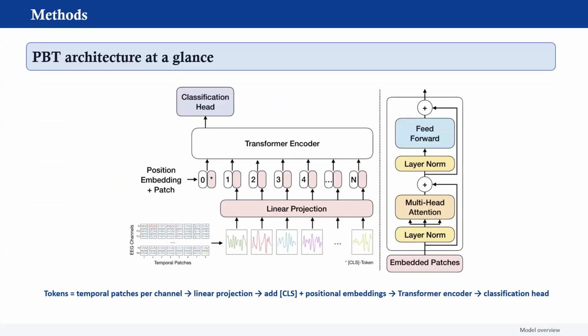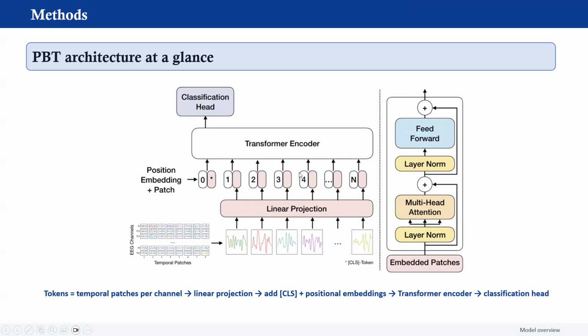Okay, so this is the generic architecture at a glance. For those of you who are familiar with ViT, this image is going to look very familiar. You have your EEG channels, which they've broken down into temporal patches. Now, what they've done is replace the CNN tokenizer with a linear projection.